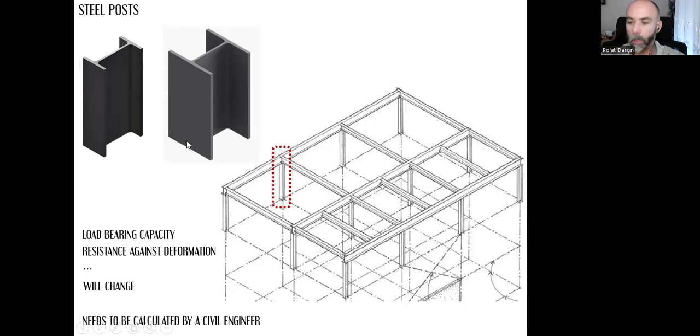That's very important. In order to make an accurate decision, a civil engineer needs to do the calculations based on our design. He or she needs to indicate the possible loads, do the calculation, and pick an accurate size and shape.